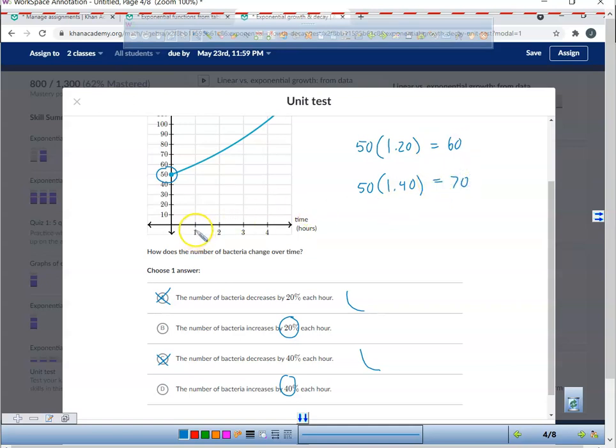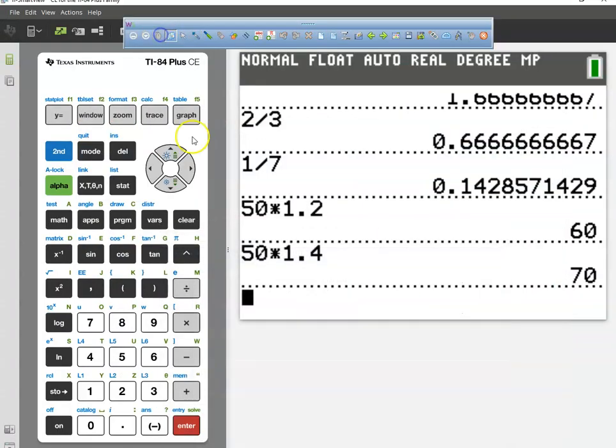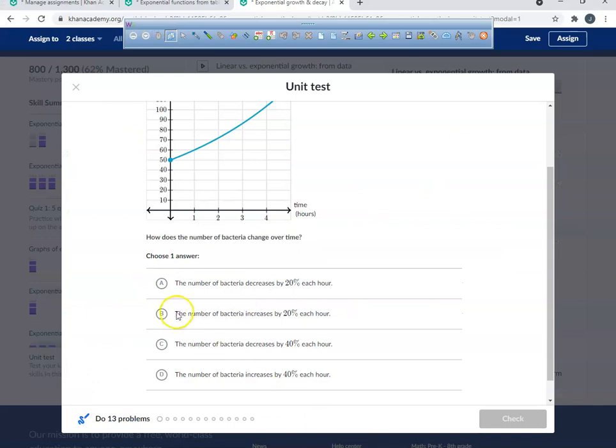So let's go and plot where we're at right there. Huh, interesting. Where are we at after 1 hour? We're at 60. So which one am I going to choose? 20%. That's how you figure it out. So I'll just choose 20%. Move on to the next one.